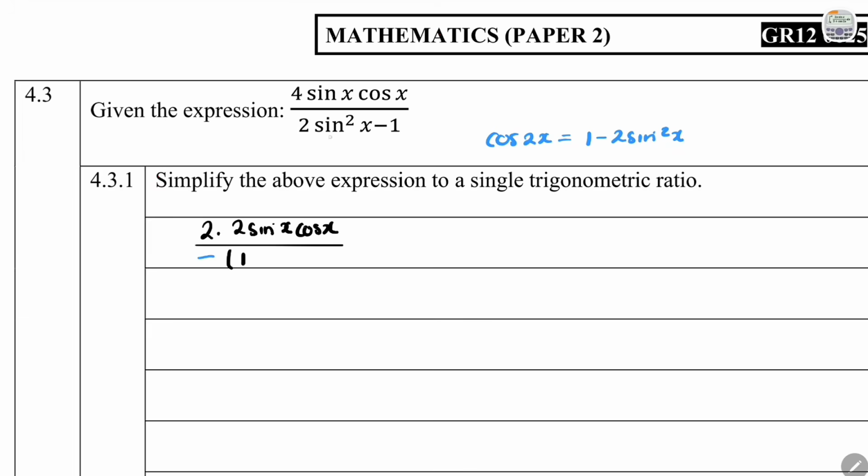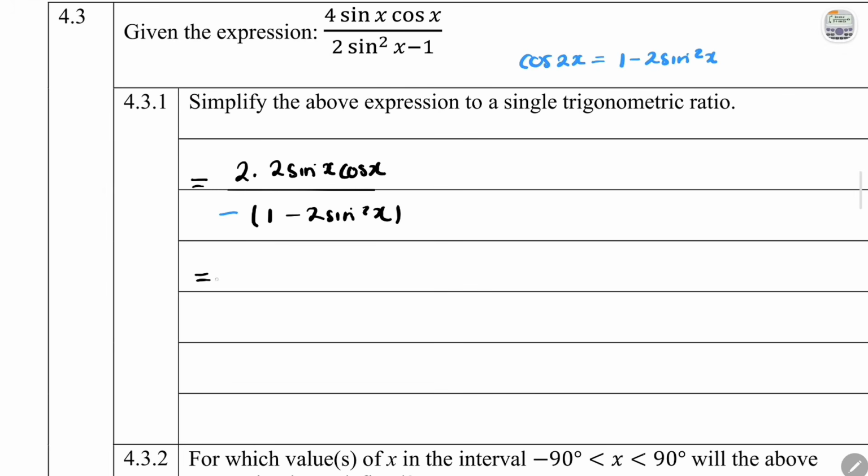And again, that common factor of negative 1 is out. What are we left with here? We'll be left with negative 2 sine squared x. And then this simplifies to, so we still have the 2 outside there. That will become sine 2x over, and we have negative, and now we know, yes, this is the identity for cos 2x.